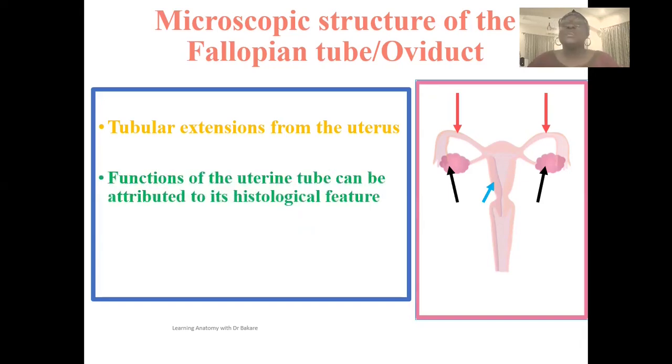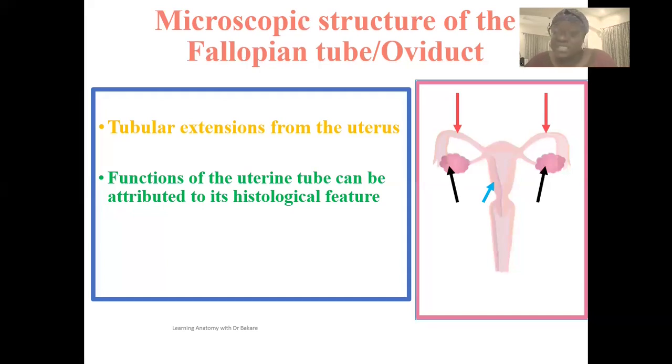And if you go through in detail the functions of the uterine tube, you see that basically they are responsible for transporting the egg that is released in the ovary into the lumen of the uterine tube. It is this same uterine tube that is responsible for transporting this egg into the specific region of the uterine tube, which is the ampulla, where fertilization will take place.